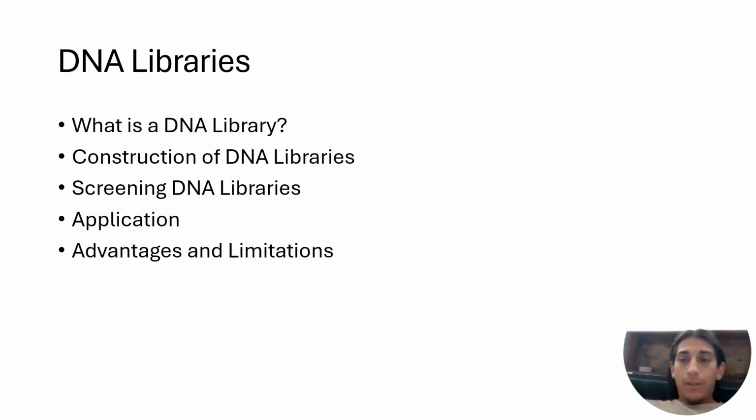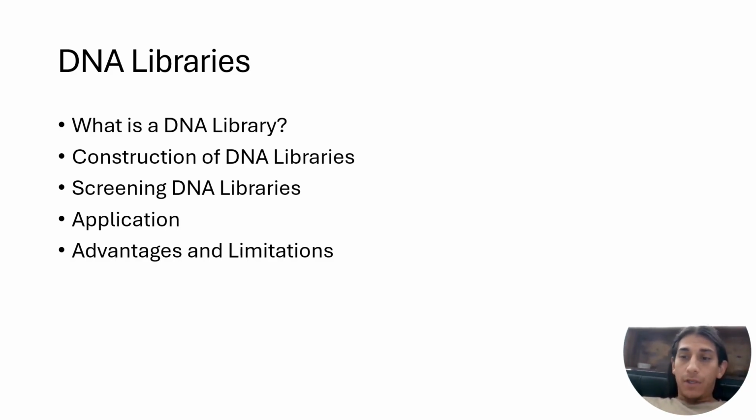Construction of DNA libraries: DNA isolation, DNA fragmentation, vector preparation, ligation, transformation. All these are steps in the construction of DNA libraries. DNA isolation is DNA that is isolated from cells or tissues.